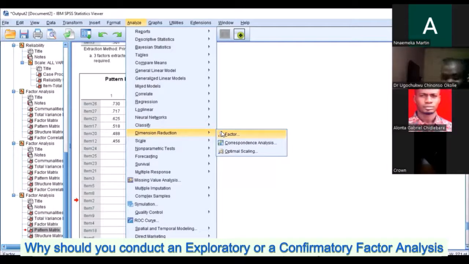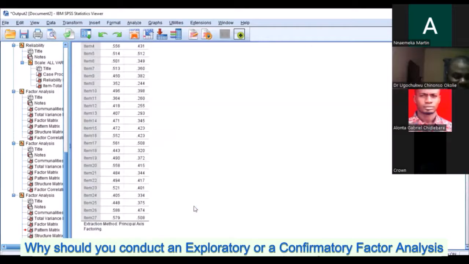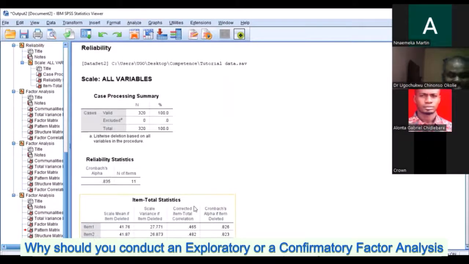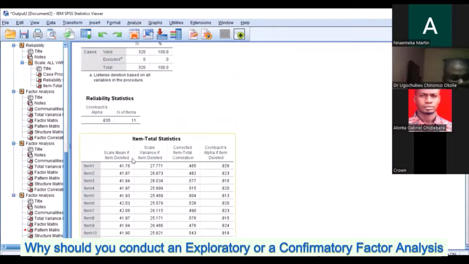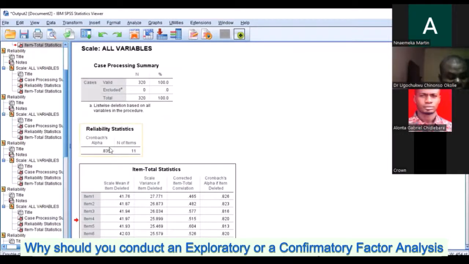Remember, if I had wanted to do a descriptive statistics analysis, maybe where I want to show the mean and standard deviation, this is already okay for me. You can see that items 1 to 11 are okay for me. I have already achieved the reliability. I'll simply write in my study that I've achieved the reliability.